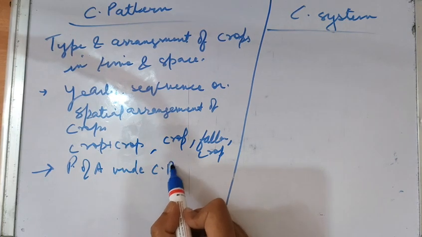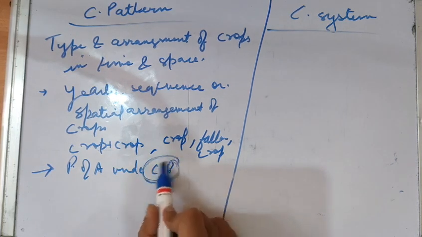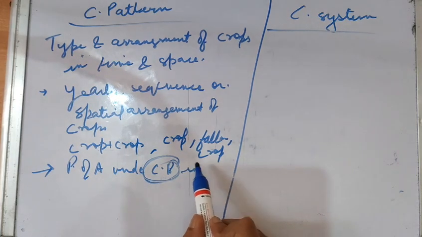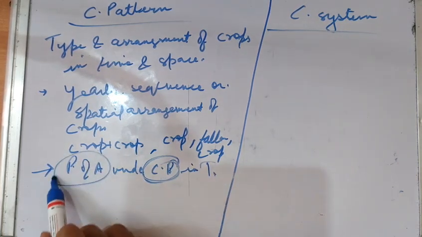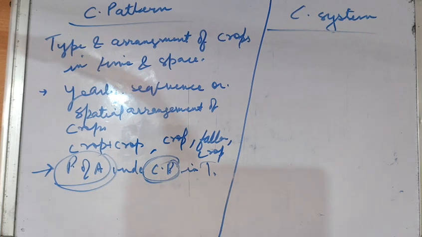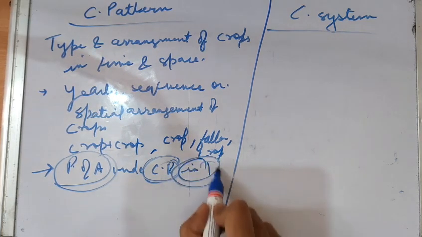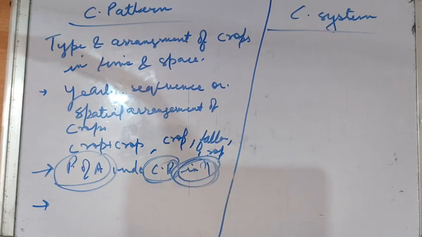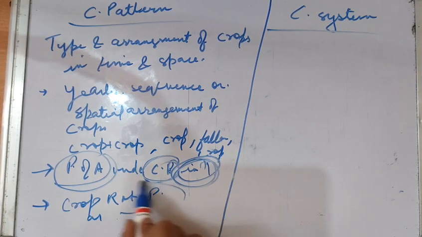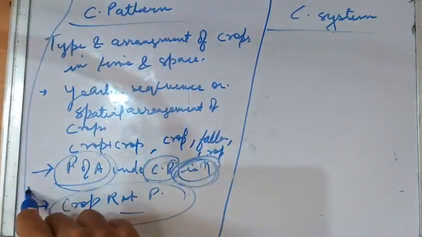Cropping pattern of an area at a particular time is the proportion of area under various crops at different times. For example, crop rotations practiced by farmers as per local conditions; all this comes in cropping patterns.